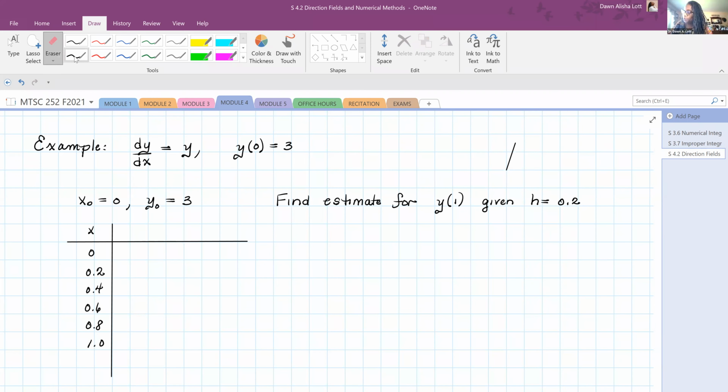So I'm going to compute those. And I already know that y0 is 3.